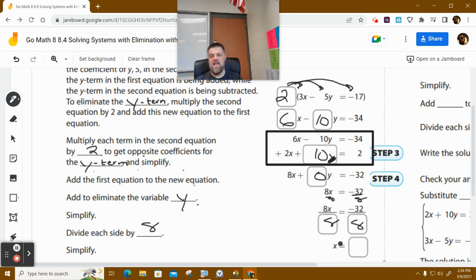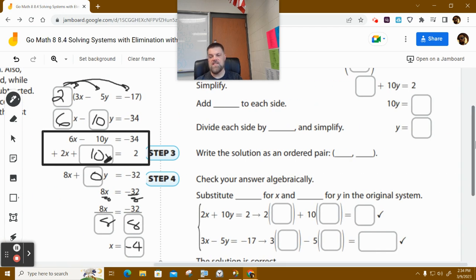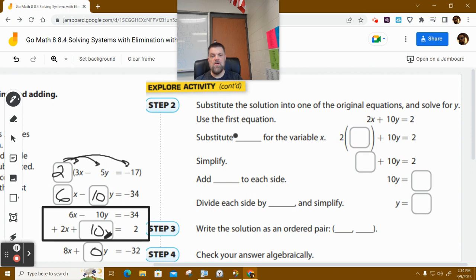8x divided by 8 is just x. Negative 32 divided by 8 is? Negative 4. Now remember, our solution has an x and a y. So now that I know that x is equal to negative 4, what do you think we need to do? How about we substitute in negative 4 for x?